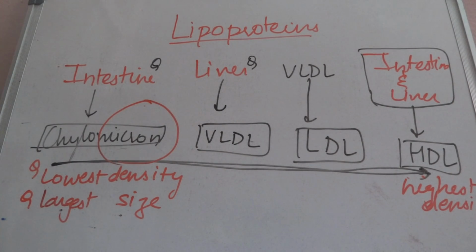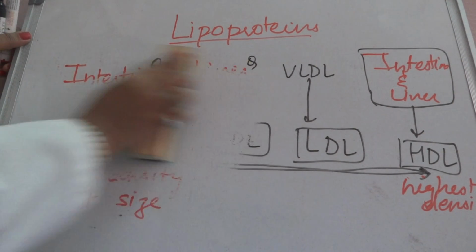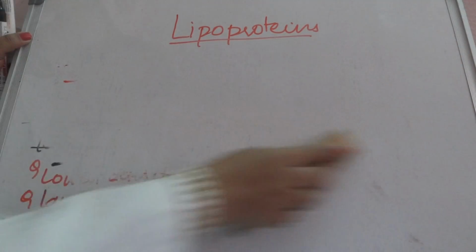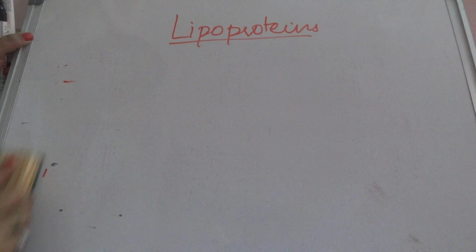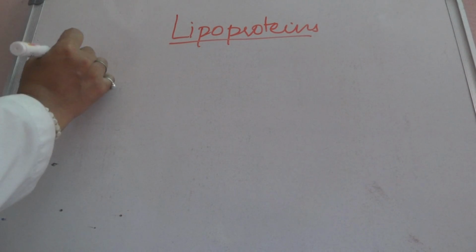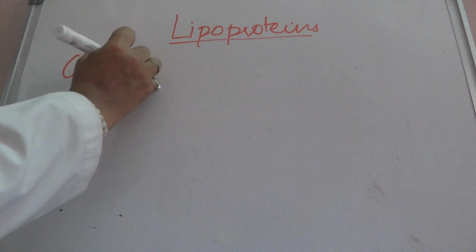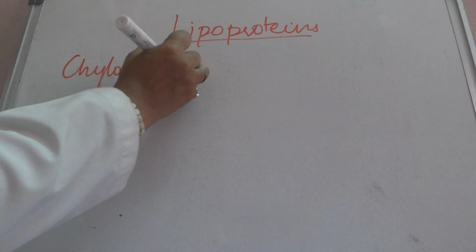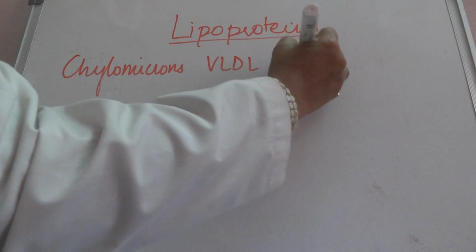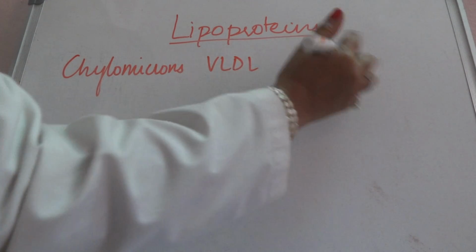Now coming to what these lipoproteins actually do. As the name suggests, these are proteins which contain lipids. So these are carrier molecules which transport triacylglycerol and cholesterol to the place where it is required.